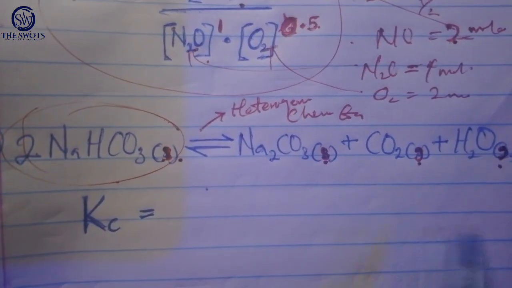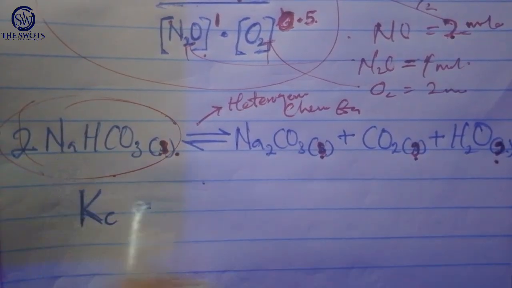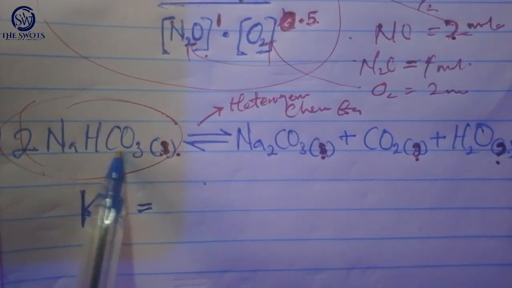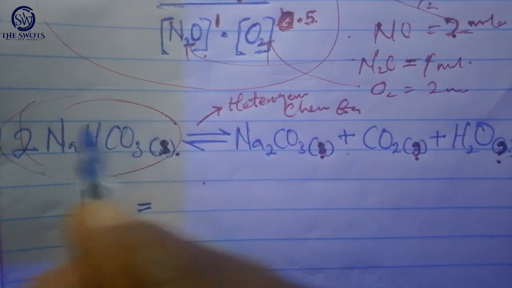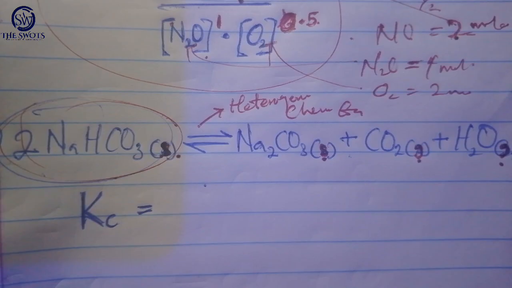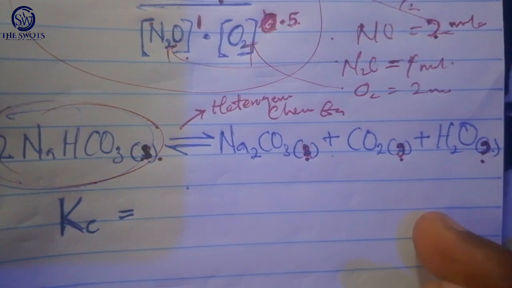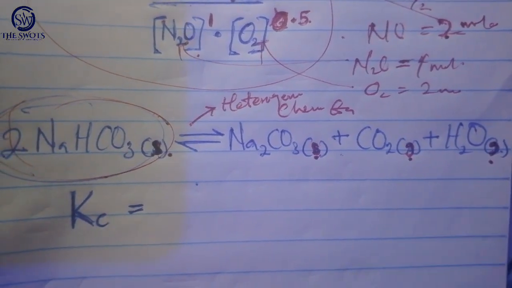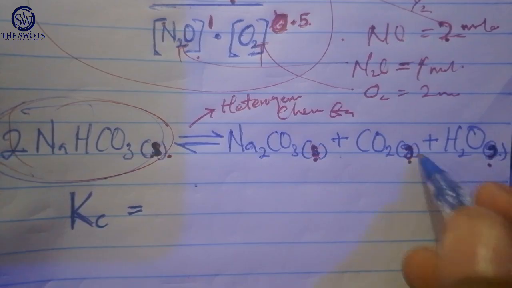Now in this particular chemical equilibrium, we don't have any business with the solid phase or the solid compound. Our equilibrium here is only going to be dealing with just these two gaseous phases alone.